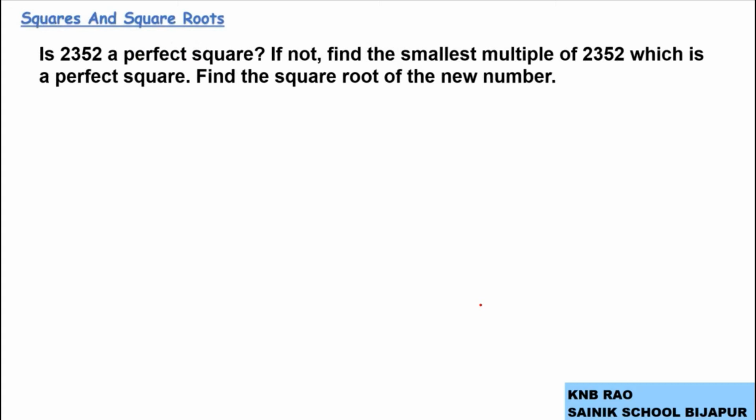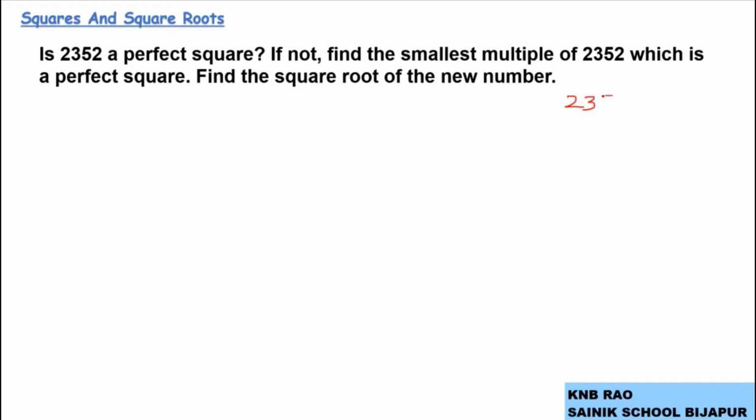If not, find the smallest multiple of 2352 which makes it a perfect square. Find the square root of that new number. This is the question.